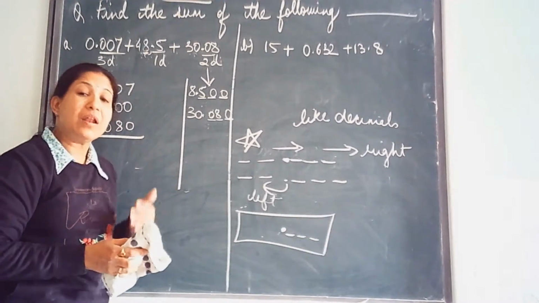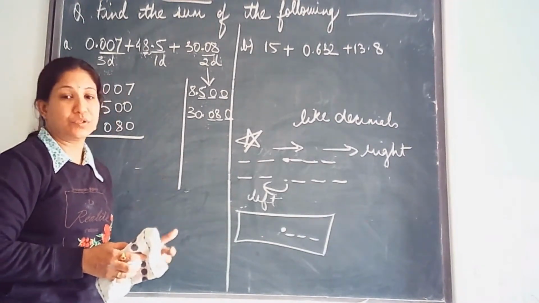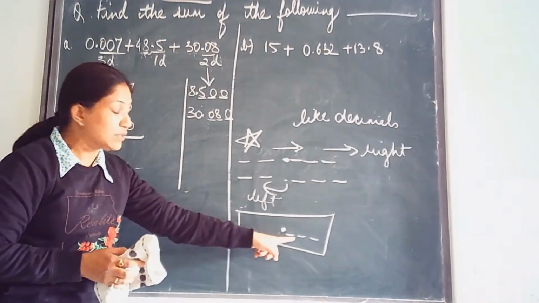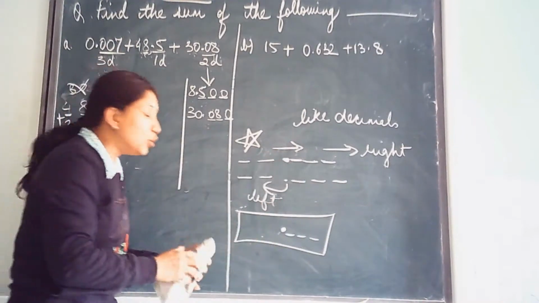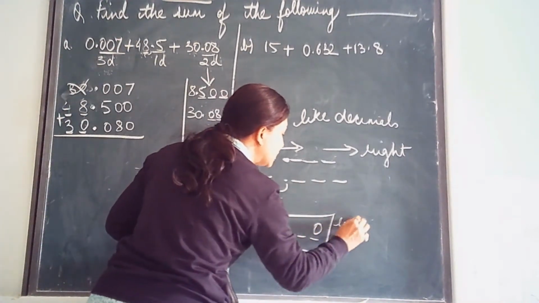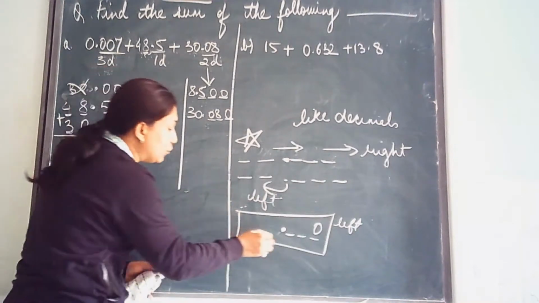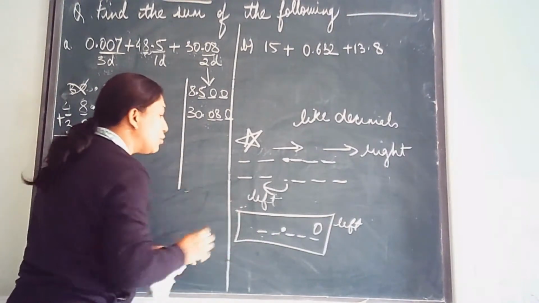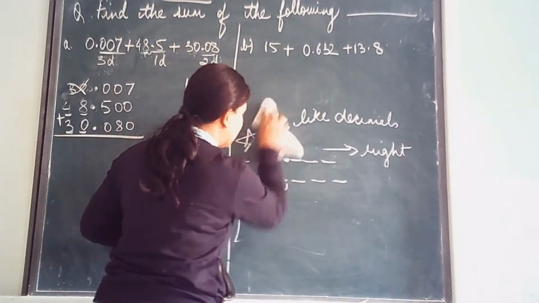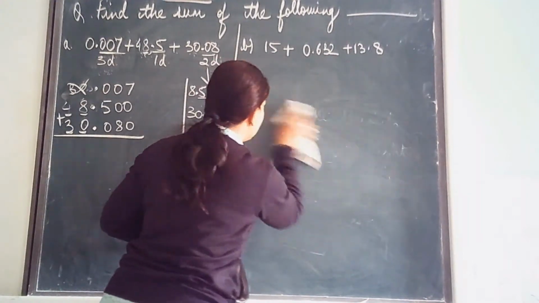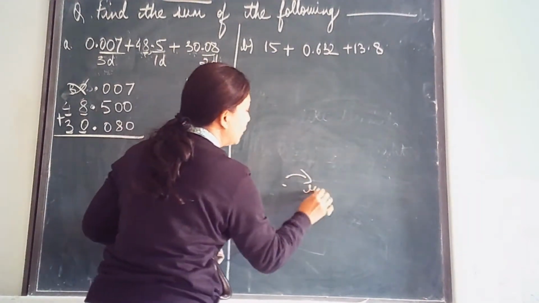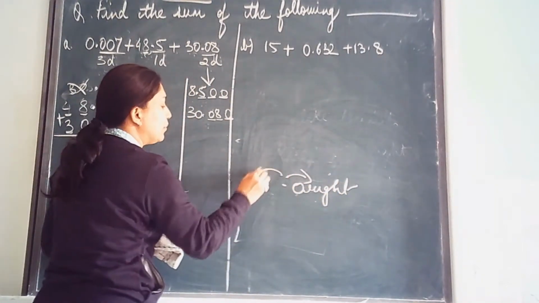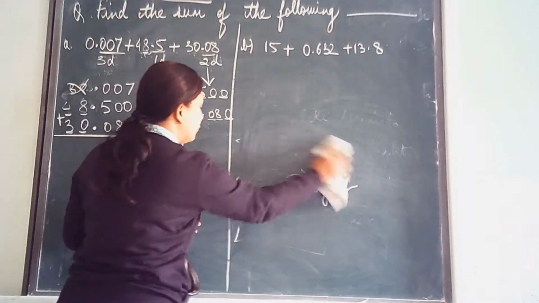But when we are adding, sometimes we get confused. So after the decimal, to make the number of digits the same, you insert zeros at the rightmost side, and before the decimal, to the leftmost side.